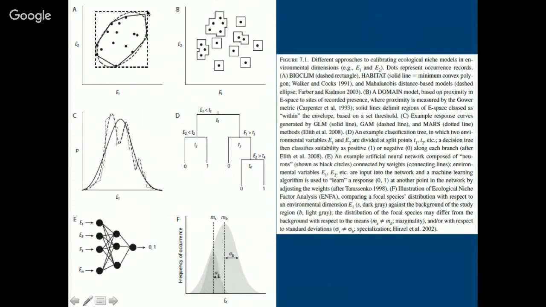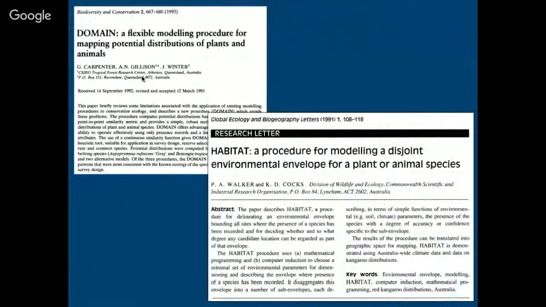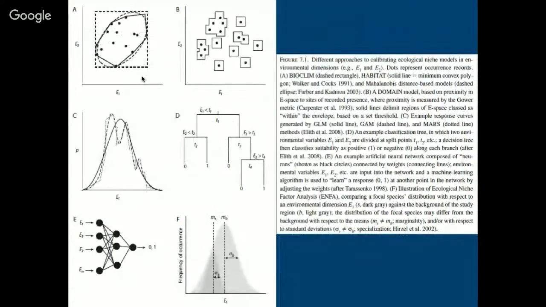But we saw some early efforts to essentially cut out these corners that probably are ignoring known correlations between variables. And so these efforts like Habitat, published by Walker and Cox in 1991, that was an early effort to essentially trim down to a more relevant subset of the Biochem box.